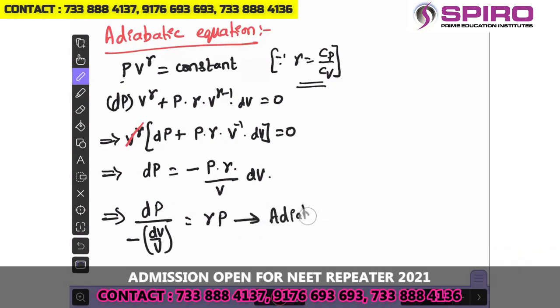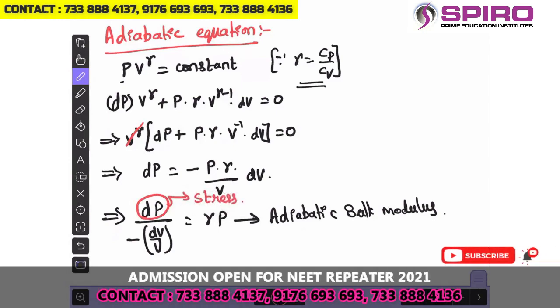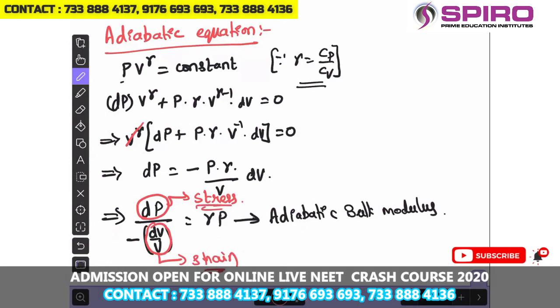Here dP is called the bulk stress, and dV by V is called the bulk strain. The ratio of stress to strain is called bulk modulus. That is why it is called adiabatic bulk modulus.